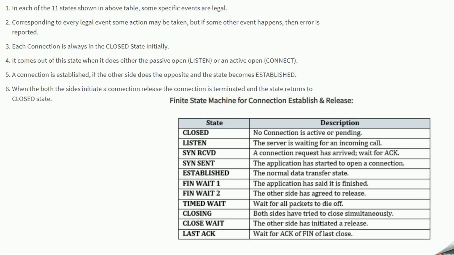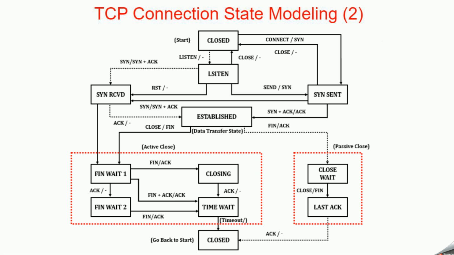So now let us see this process in the form of a diagram. This is nothing but TCP connection state modeling, also called the TCP state transition diagram. I'll show you a colored representation of this diagram in the next slide so that the explanation becomes simpler.